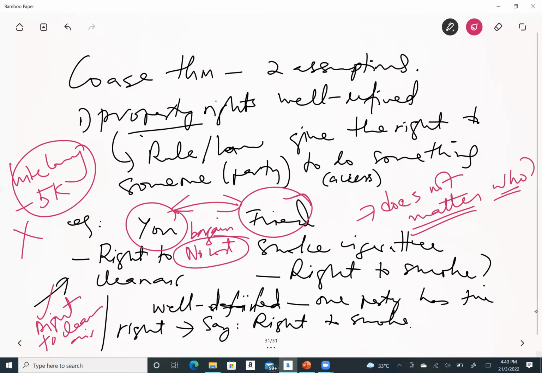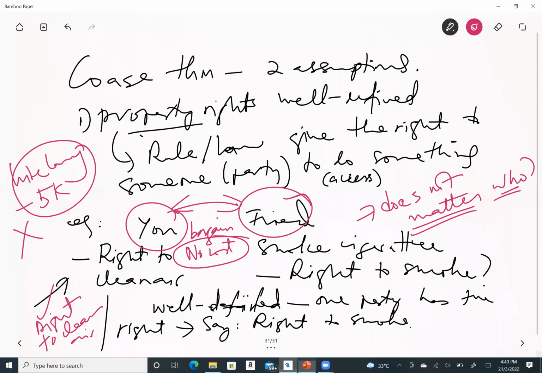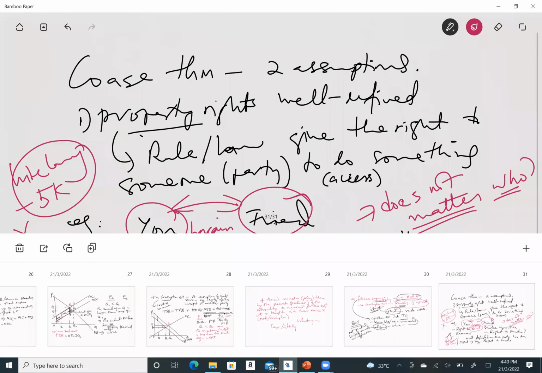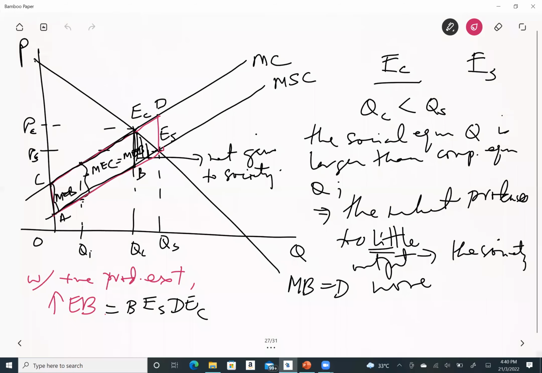Now, if those two things hold, then the bargaining between the relevant parties will lead to the social equilibrium outcome. So you bargain, and at the end of the day, we end up here. With positive production activity, you end up at the social equilibrium.